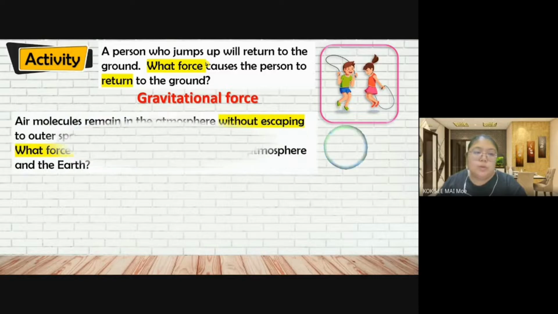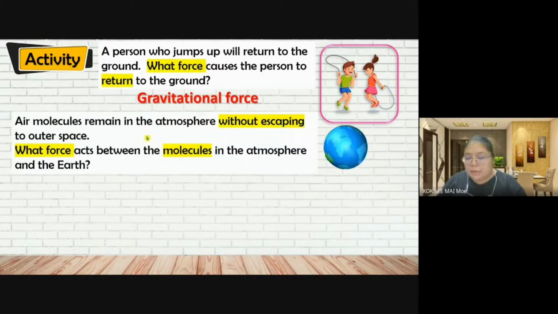Number two: a molecule that remains in the atmosphere without escaping to outer space. What force is also acting between the molecule in the atmosphere and the earth? The molecule is very small, but the earth is very big, yet both pull each other.